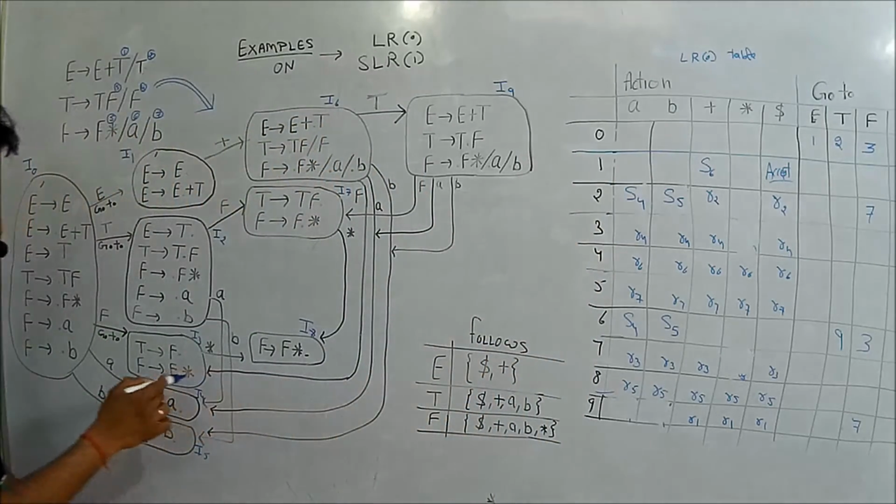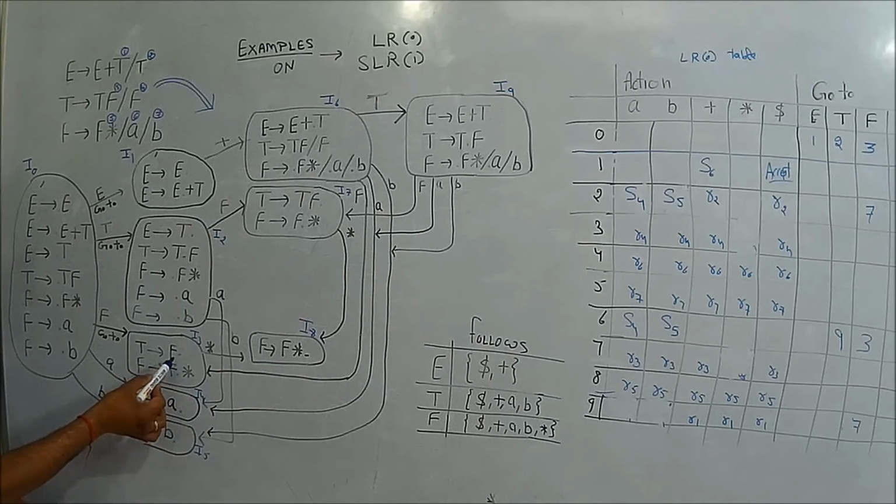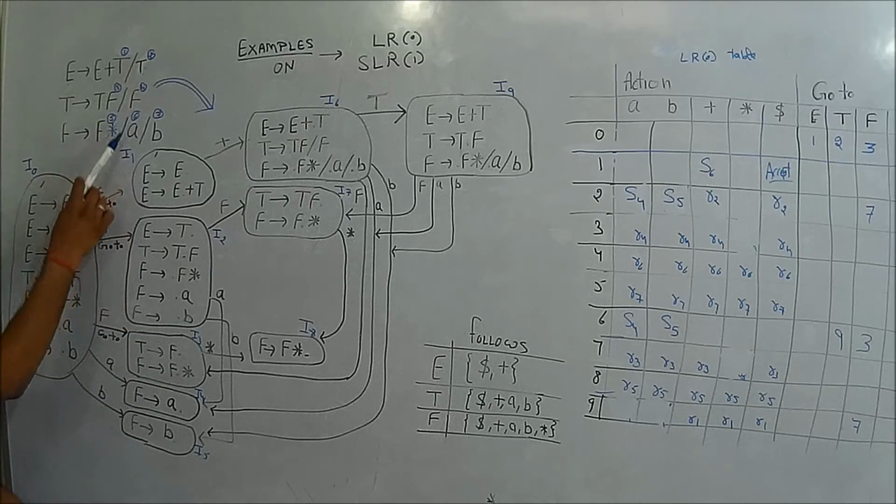Next we have I3. Here there is also a final production. So F can be reduced to T, and the number of that production is 4.